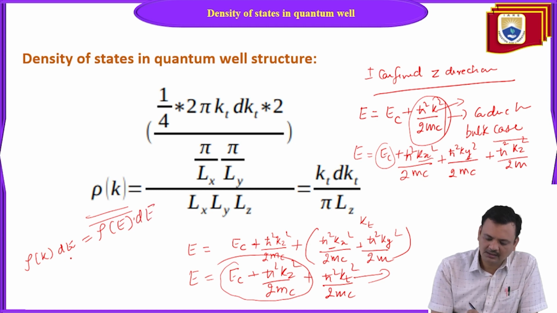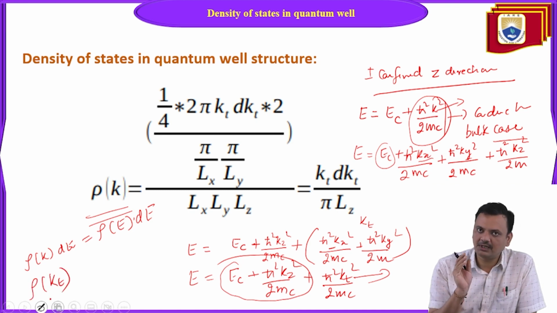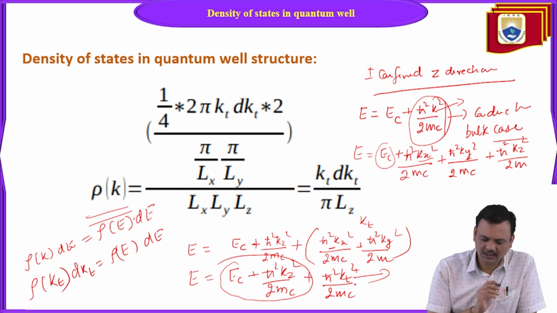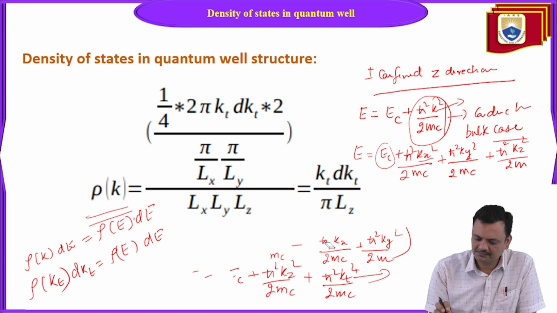But here in the quantum well structure, this k is nothing but kt, because only in the transverse component will you get the change. So rho kt dkt is equal to rho E dE. And what is kt? I already discussed it, so don't be confused. Now let's omit this expression.